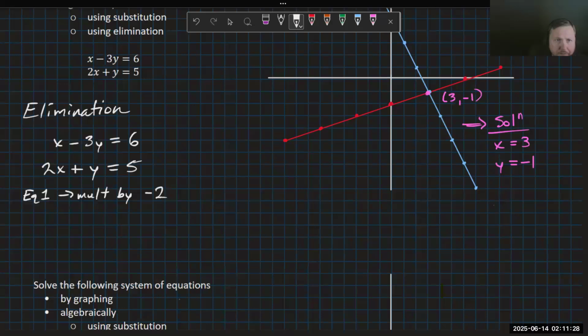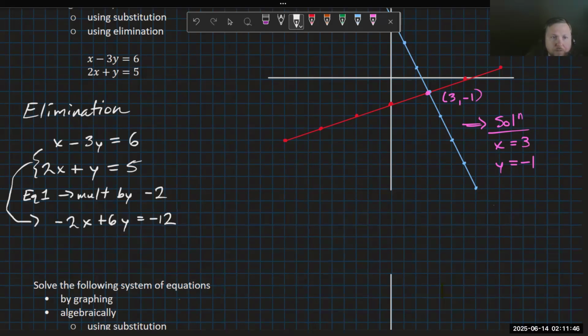So I have -2 times x, and then -2 times -3 is going to give me +6y, and then -2 times 6 is going to give me -12.